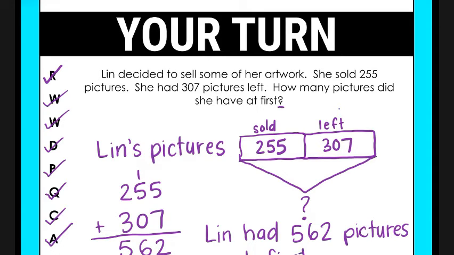Make sure you're writing the sentence with me, and don't forget to start with a capital letter and then end with a period. And then go ahead and check off your S, because now we have all of our steps of model drawing complete.